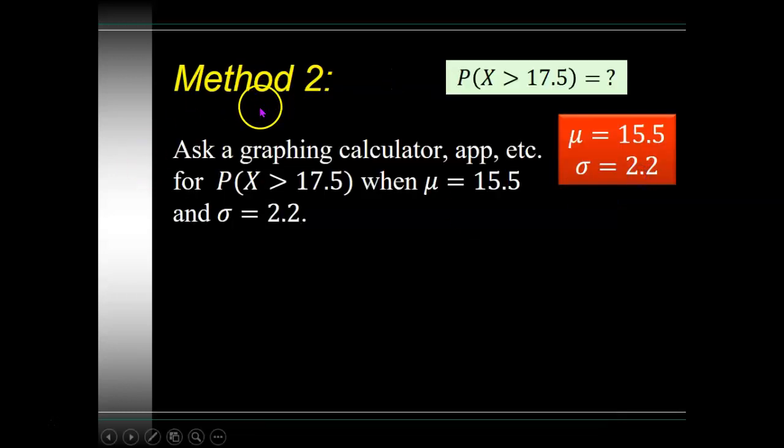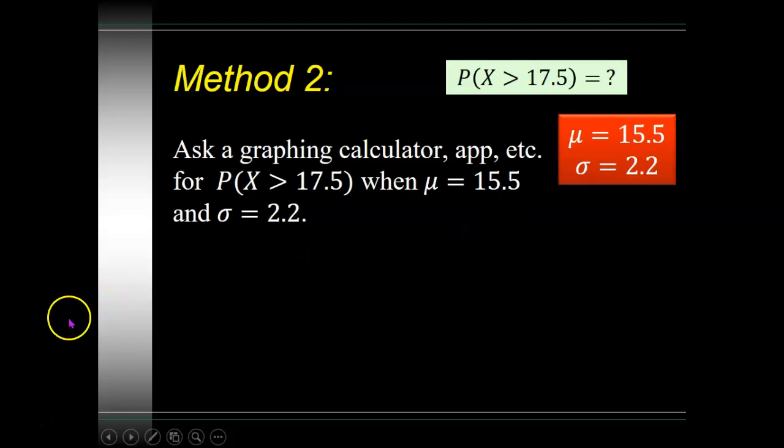Now, the second approach we could take would be to use a graphing calculator or calculator app or something like that to answer this question. We would have to ask it for the probability of x being greater than 17.5 when mu is 15.5 and sigma is 2.2.